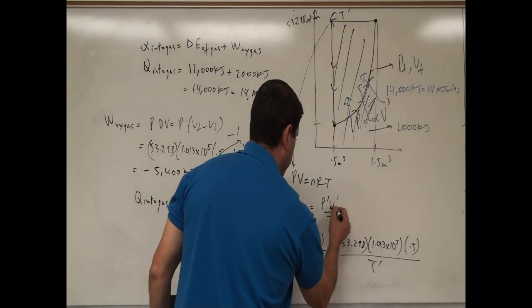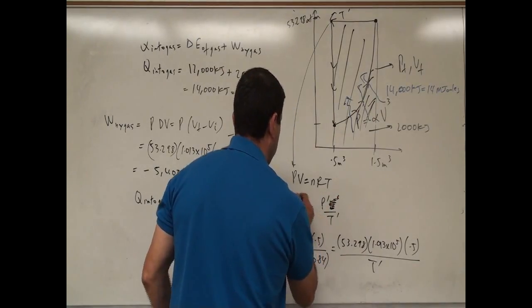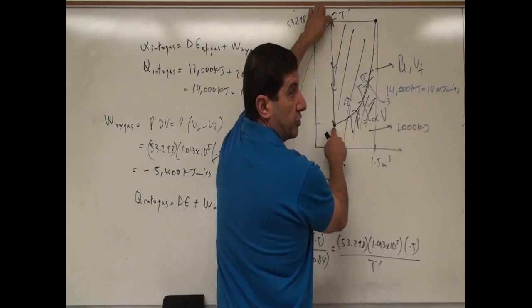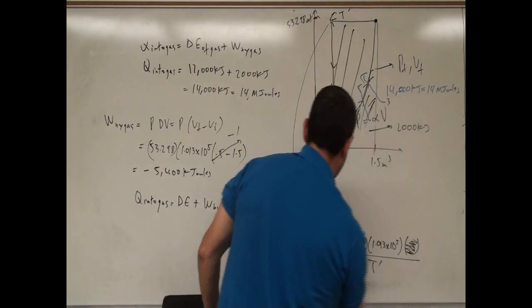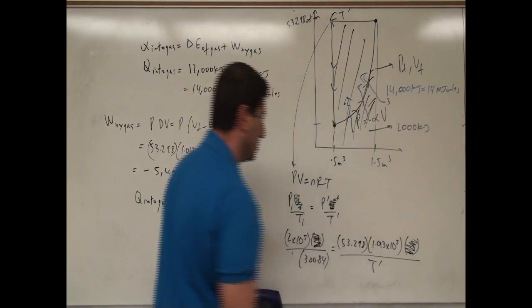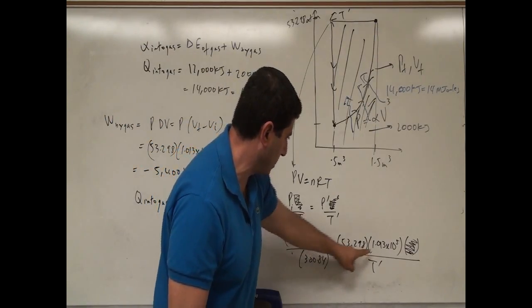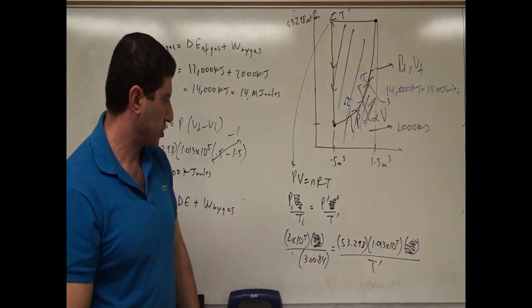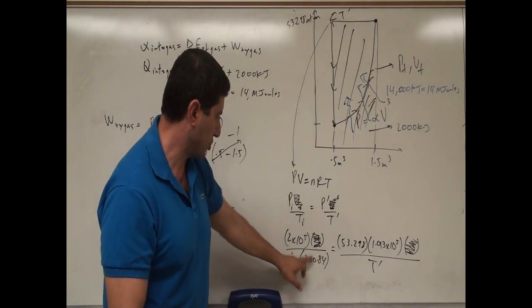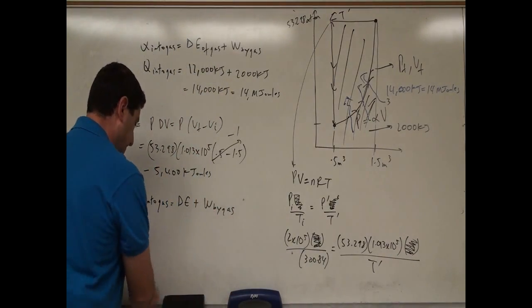So actually, I don't even need the volume, V prime and V initial. Since these two are the same volume, I can get rid of that, 0.5, 0.5, and then just worry about the temperature. So the T prime is going to be 53.298 times 1.013 times 10 to the 5th times the temperature initial divided by this, okay?